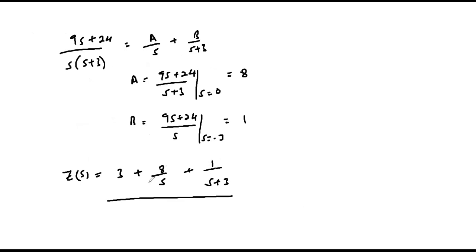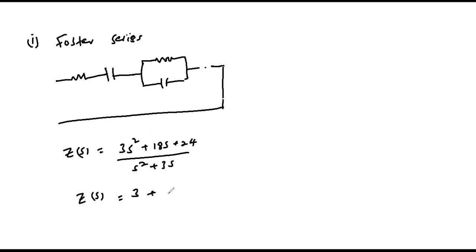The first term is a constant, which indicates presence of a resistor whose resistance is the value of the constant, and therefore we have a resistor of 3 ohms.